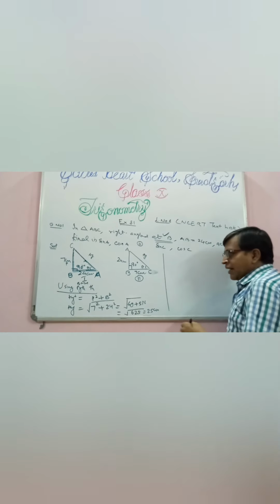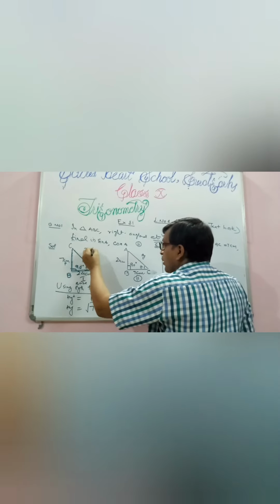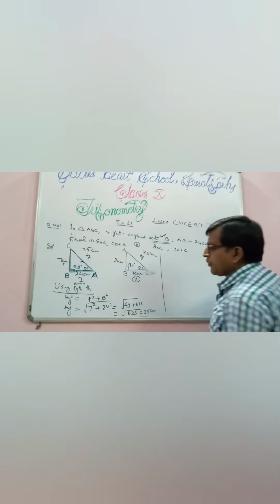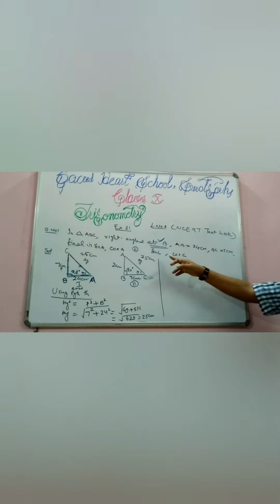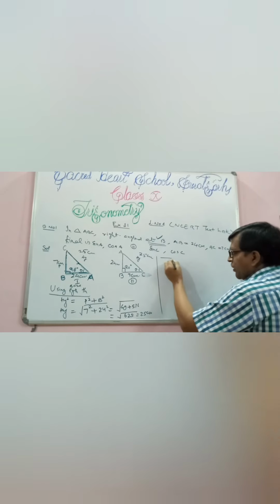Now we have the third side, the hypotenuse, 25 cm. Now you find sin A, cos A, sin C, cos C. We have the formulas. First we make the table here once again.